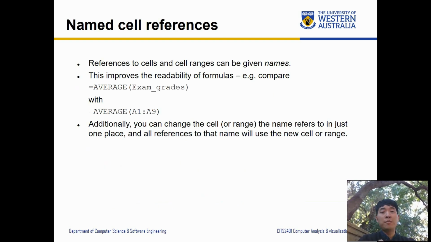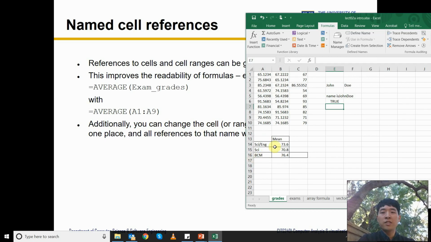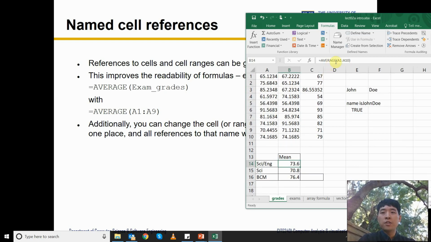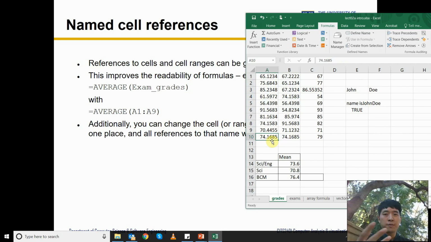Now moving on to named cells. As we've seen before, we normally select ranges. So here, the average equals A1 to A10, but this is referring to science and engineering, although I wouldn't really tell by looking at the formula. So what we're going to do is name the cells. You can either name a single cell or a group of cells together.